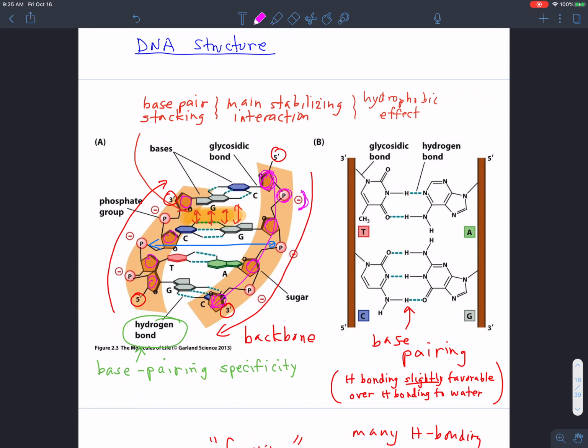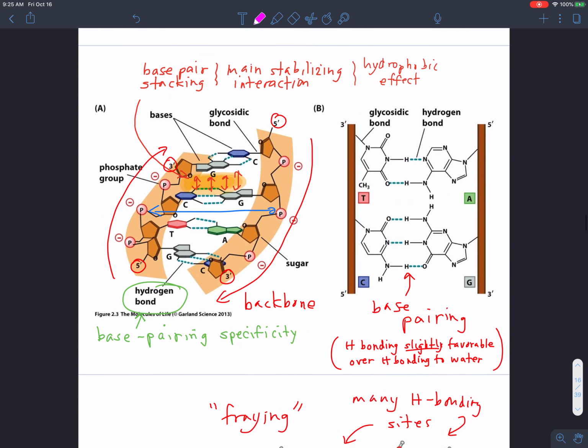The phosphates all have a minus sign, so there's a very high negative charge density on DNA, and that's really important and relevant for binding, of course. It means that compared to proteins, DNAs are extremely highly charged, and that, of course, is going to affect how things bind to it and what kinds of things bind to it.